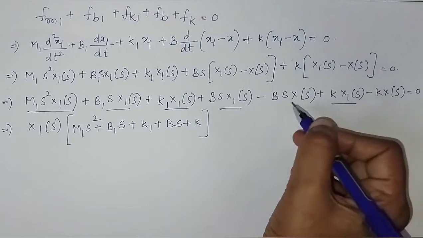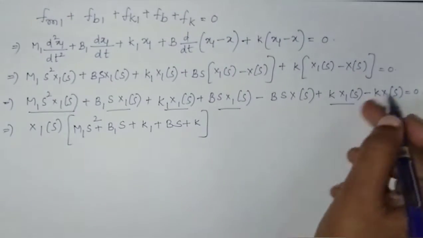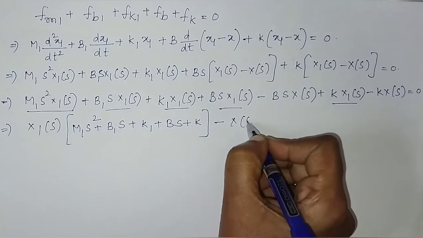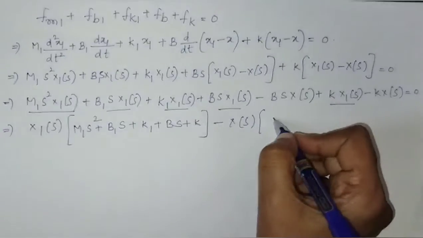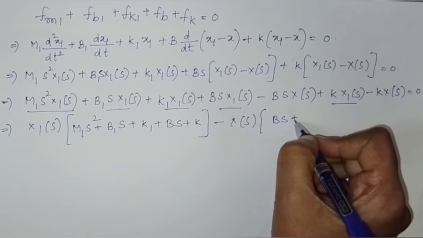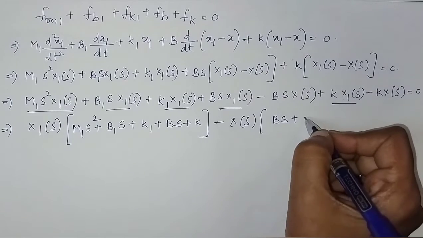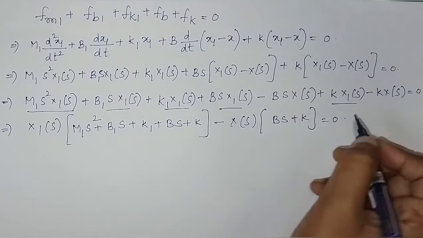And taking x of s common from the rest of the two terms, minus x of s into (bs plus k), equal to 0.